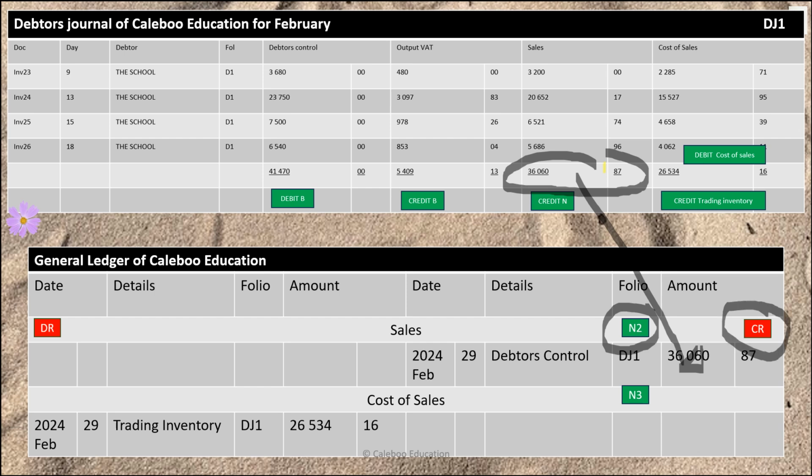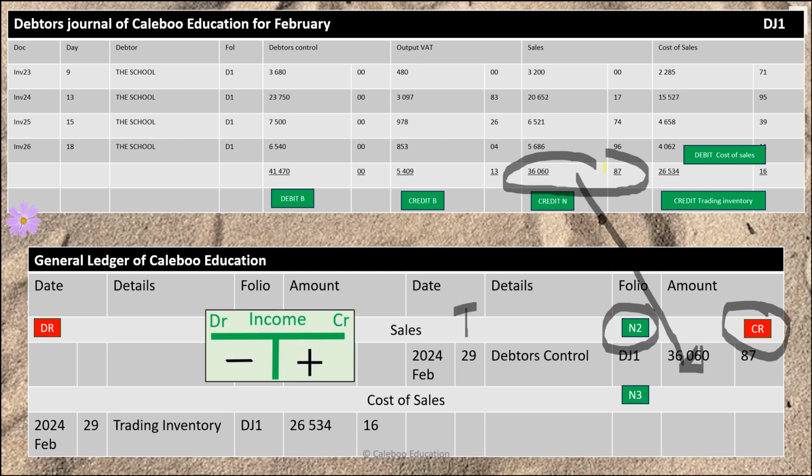And once again, I applied the rules. Sales is income. There it is. There's an increase in income due to sales. An increase in income, the account must get credited. There's the date, end of the month, because it has its own column.